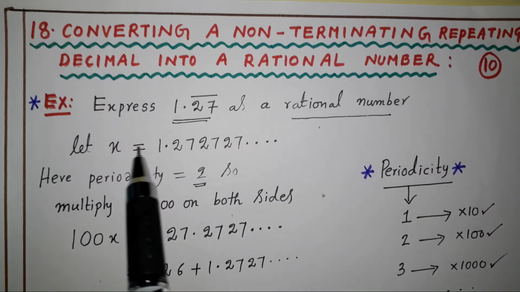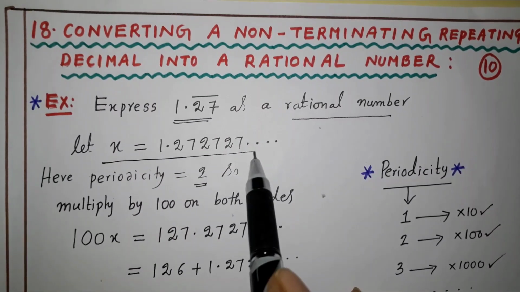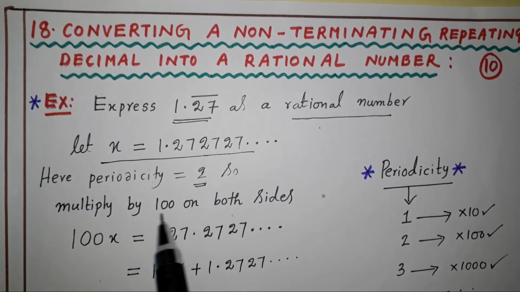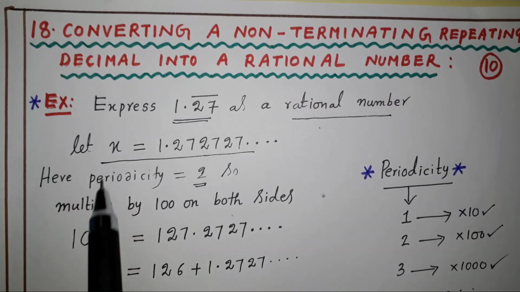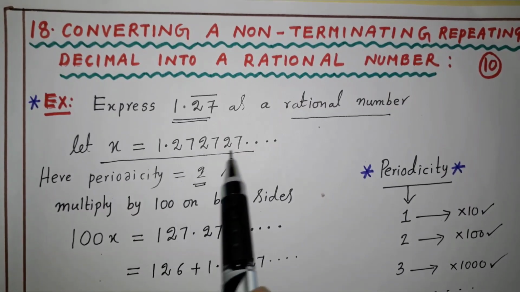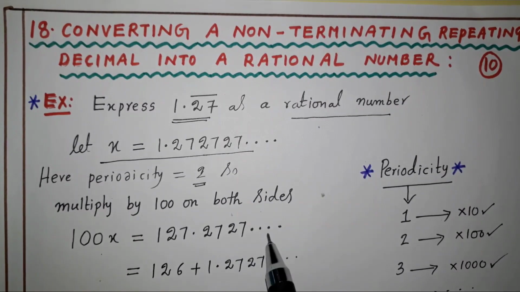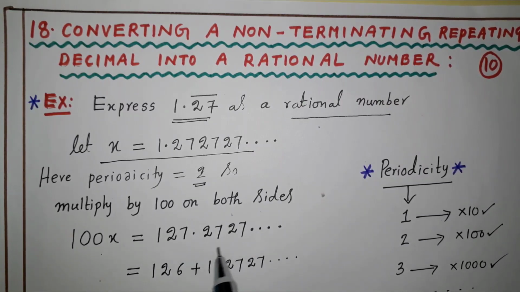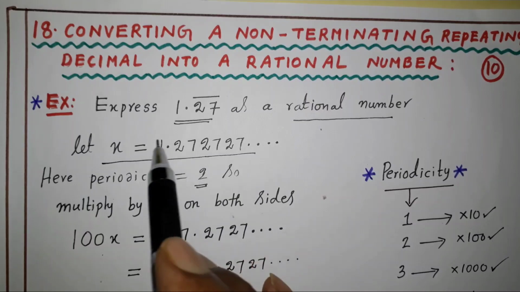So in this equation the period is 2. So multiply both sides by 100. Then 100 into x, 100x. If you multiply this by 100, you will get 127.2727, etc. And you write this number as a sum of two numbers such that this value must come.